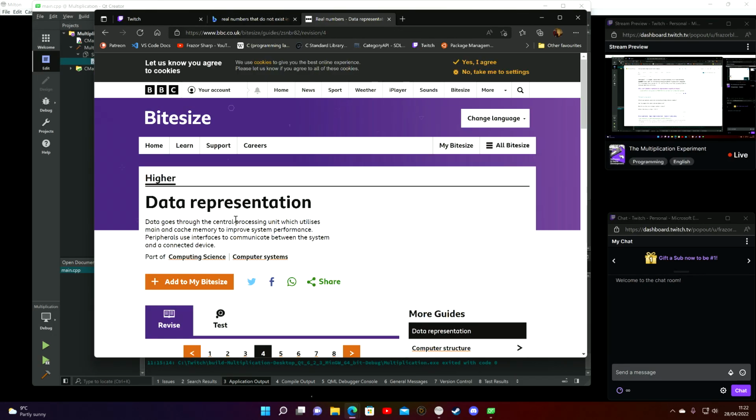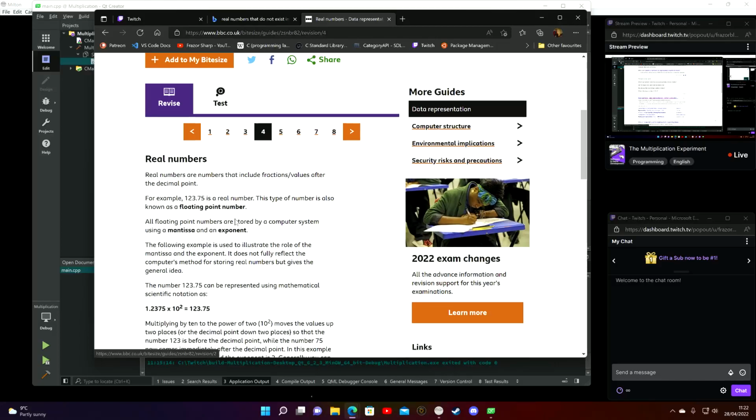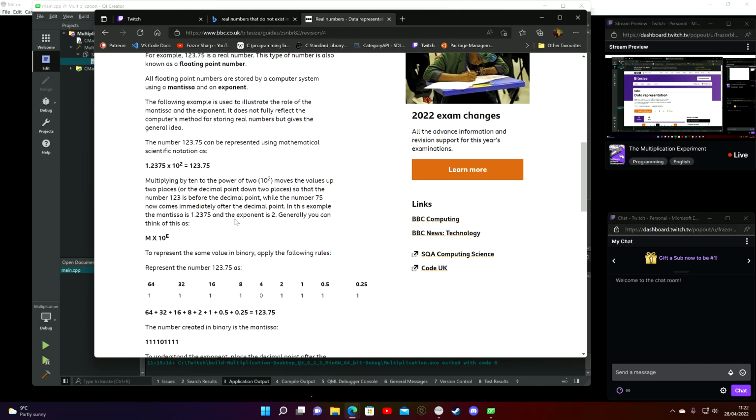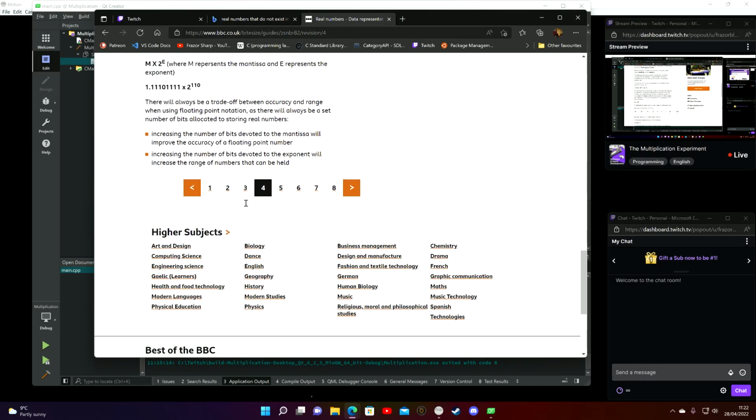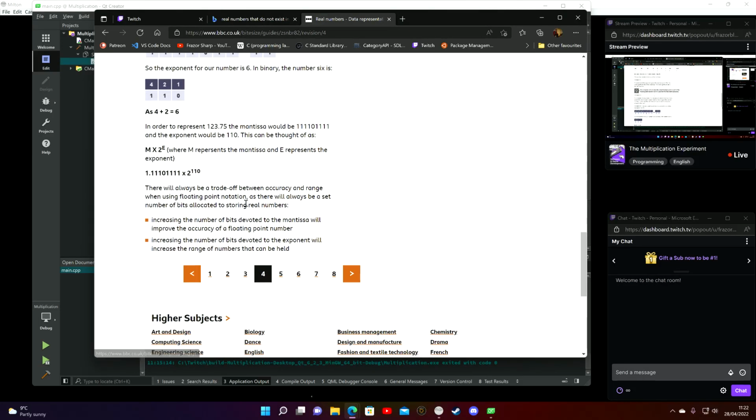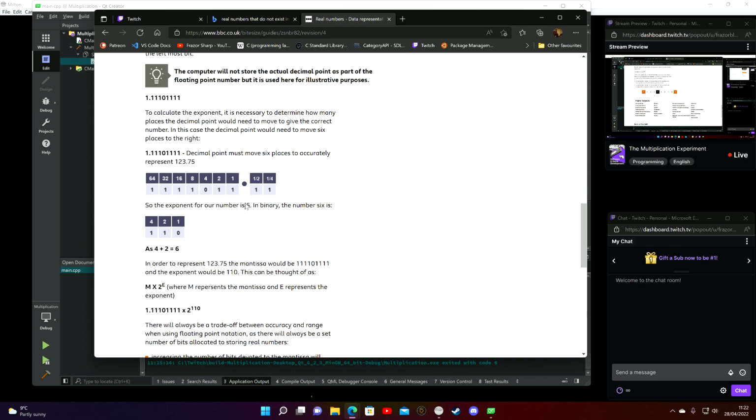Data representation. Okay, so it tells you how it's represented. So 7 would be 4, 2, 1, which is 1, 1, 1. That's okay. But a half, a quarter, etc. Yeah, we're okay.